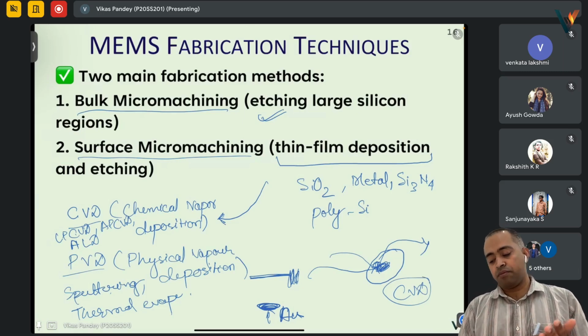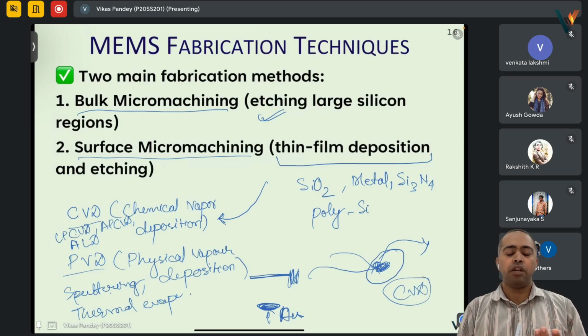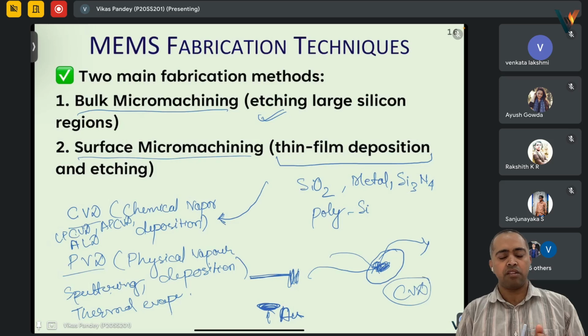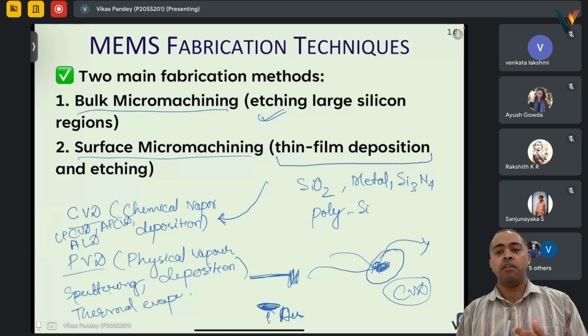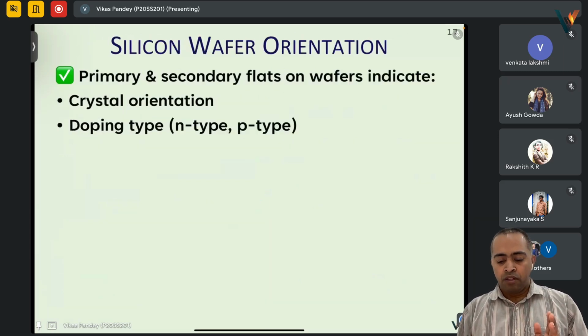But what we generally do is deposit mostly metals, as well as some dielectrics, using PVD techniques, and we get adequate adhesion. It might not be good for very high quality uses like gate dielectric, so it depends on our use. Any questions still here?